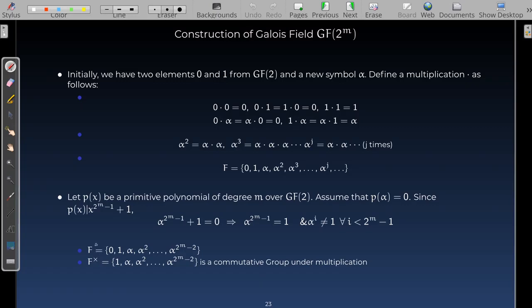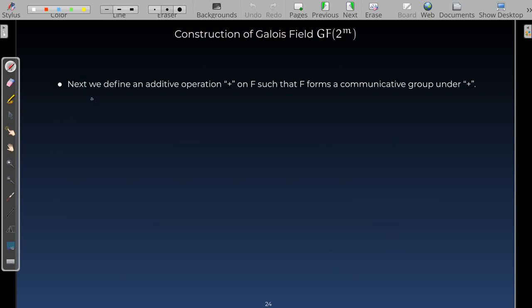The non-zero elements of this set F form a commutative group under multiplication, and that's very easy to see. Now we are going to define addition on this set F such that F forms a commutative group under addition.